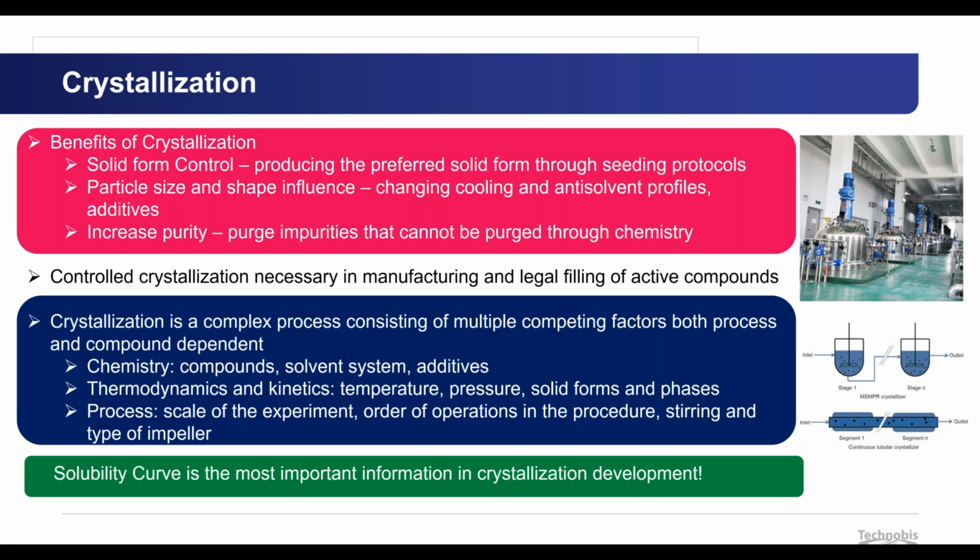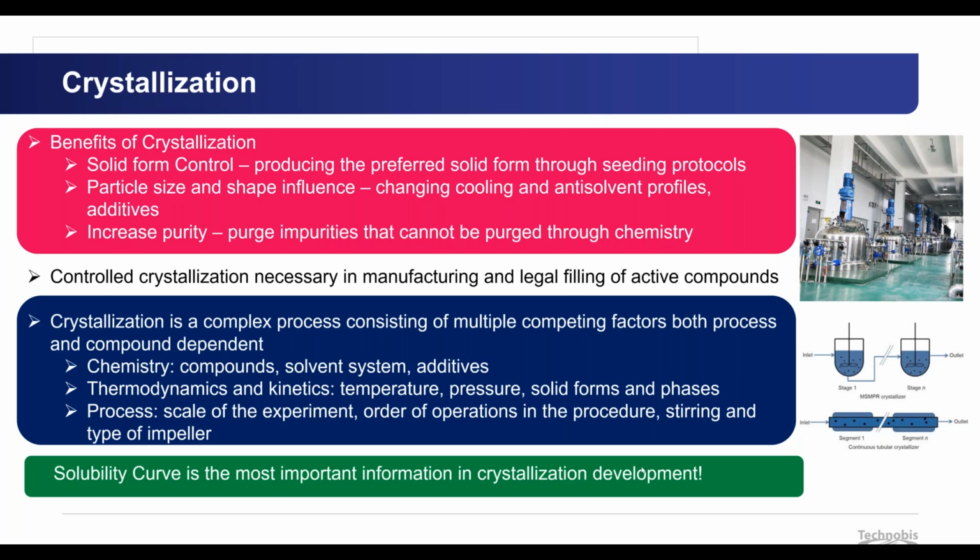And besides this, where do we start? If you think about it, how do we start before we reach this milestone, this planned production? We all start with solubility. Solubility is one of the most important pieces of information that one needs, and not only in crystallization development, whatever you start to do in the lab as a scientist.